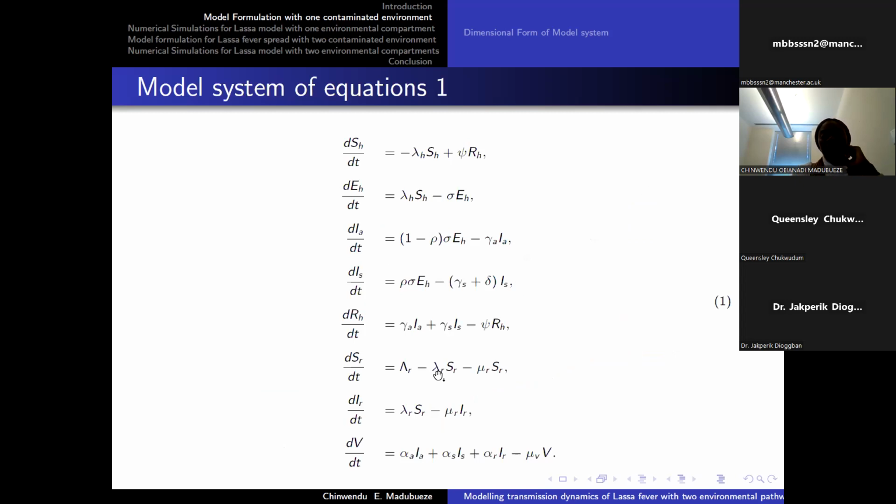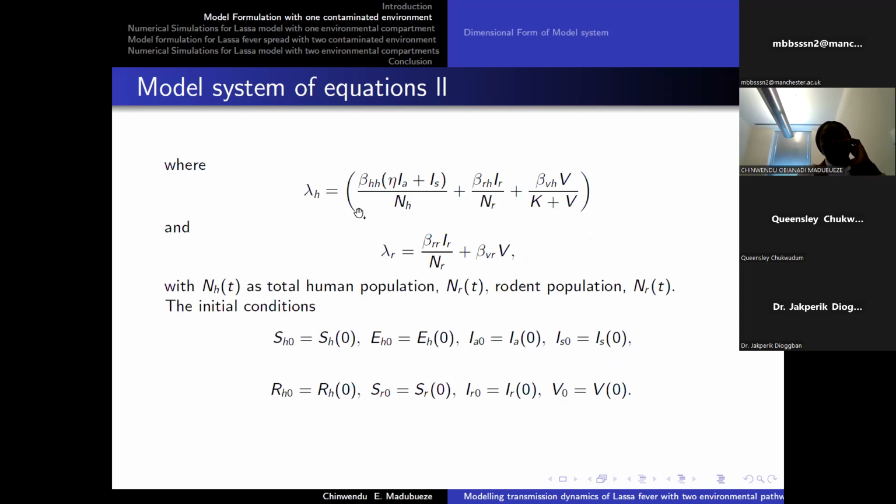So we have our system of equations here. With this flow diagram, we generate the system of equations we are using. So this is our force of infection. Beta is the human to human transmission. The human can come in contact with an infected person.